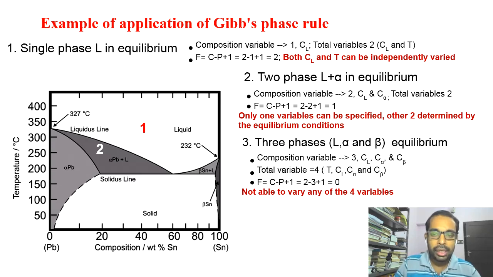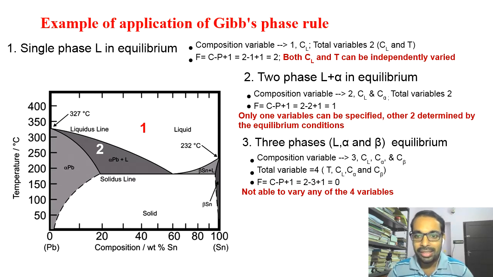C, the number of components, is 2, tin and lead, and P is equal to 1 because this is a single phase state. So 2 minus 1 plus 1 is equal to 2. The total number of degrees of freedom is 2.